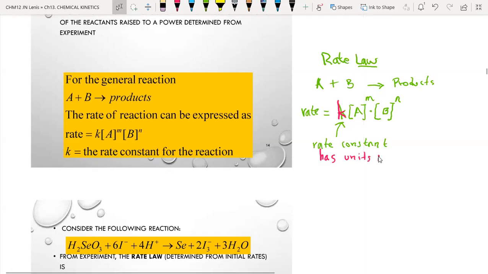These units are important, and we need to write the units of the rate constant every time. Also, notice that we have exponents. In this expression, we have the exponent m and the exponent n.